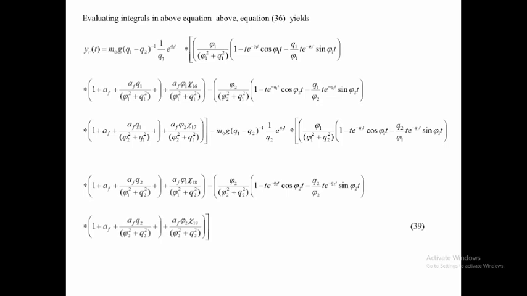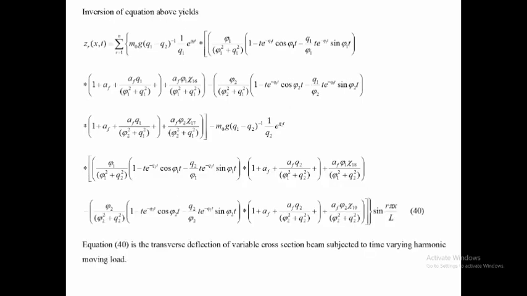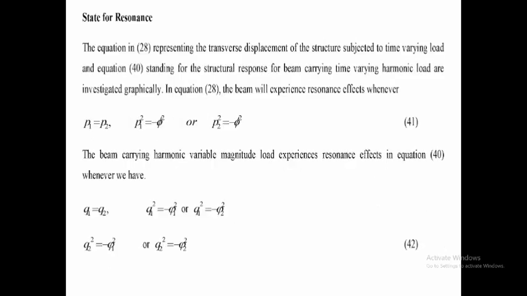Evaluating the integral in the above equation, equation 36 will yield equation 39. Inversion of the equation above will yield equation 40. Equation 40 now is the transverse deflection of the variable cross-section beam subjected to a time varying harmonic moving load.